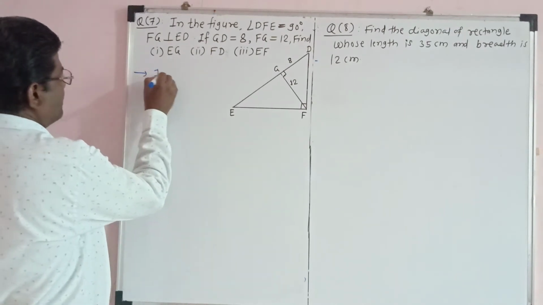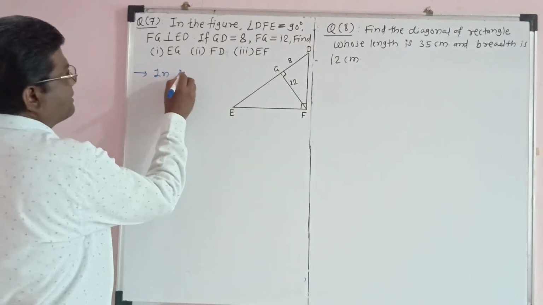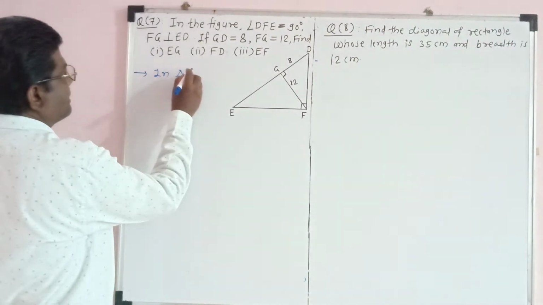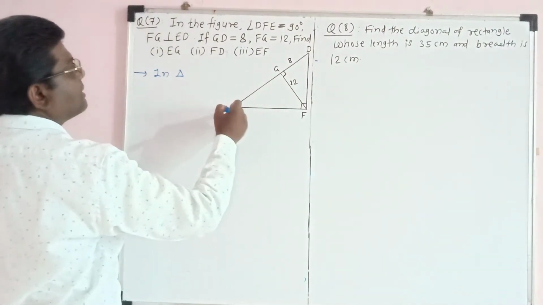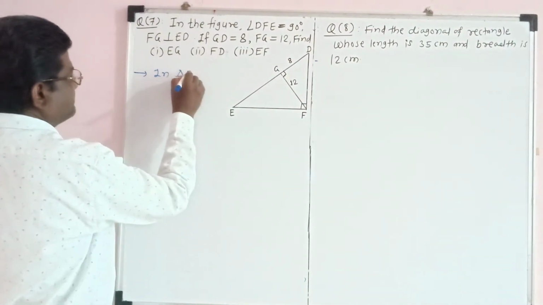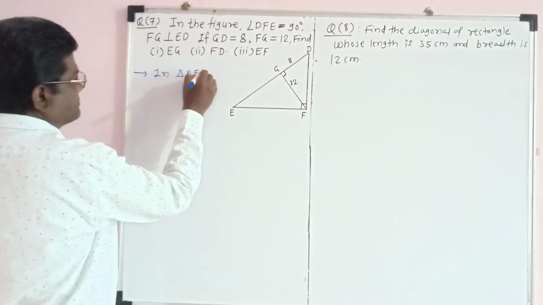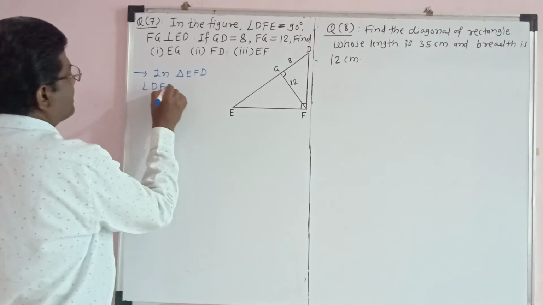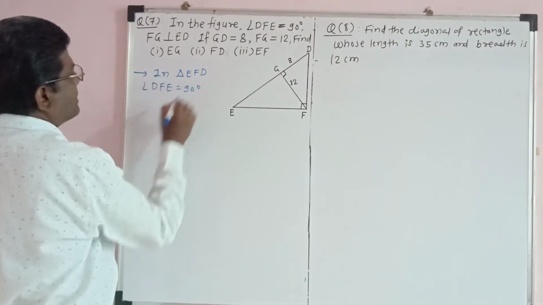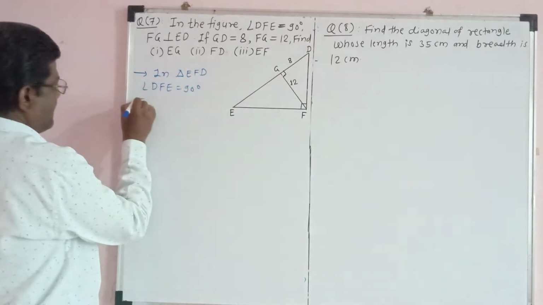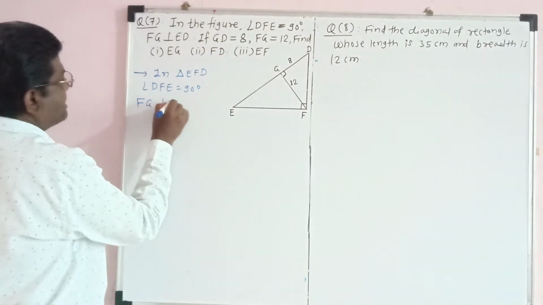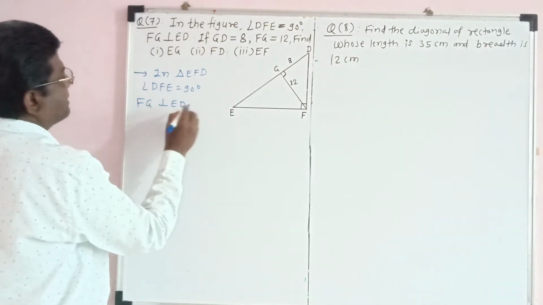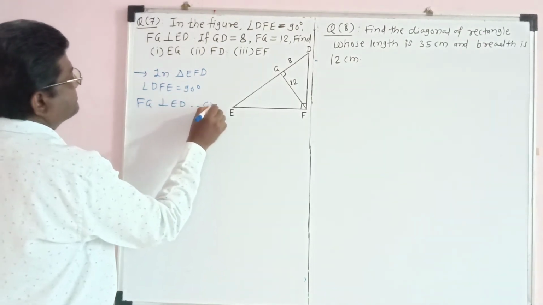Now, in triangle EFD, angle DFE is equal to 90 degree, FG perpendicular to ED, this is given.